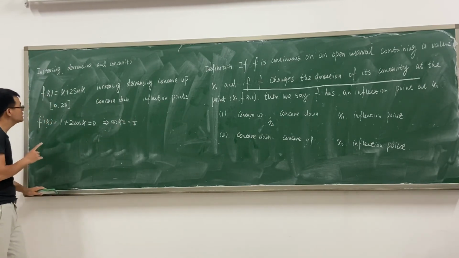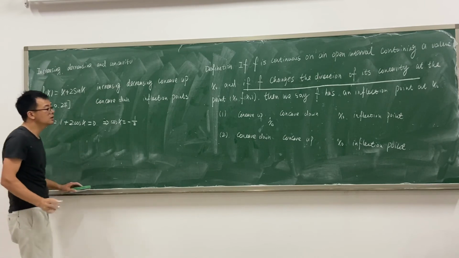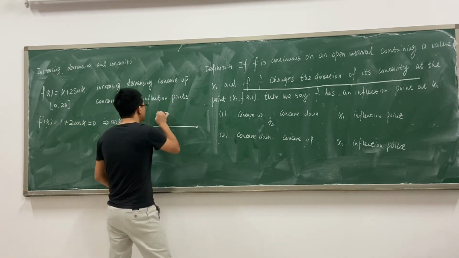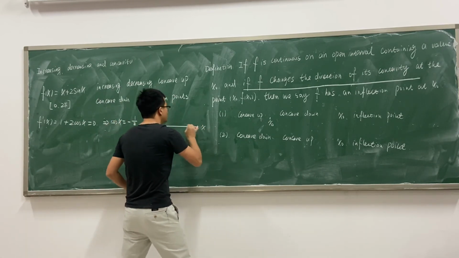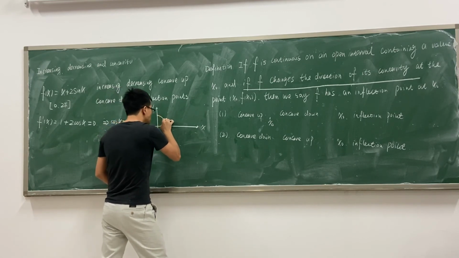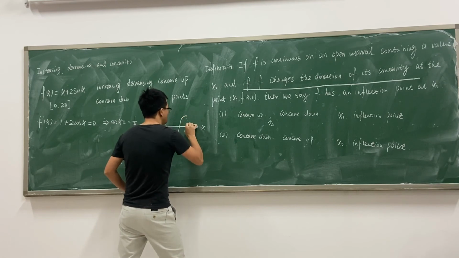Now, I think we need to recall the graph of cosine x in this interval. In this interval, the graph of cosine is like this. Here is x, here is y. Here is 2 pi.